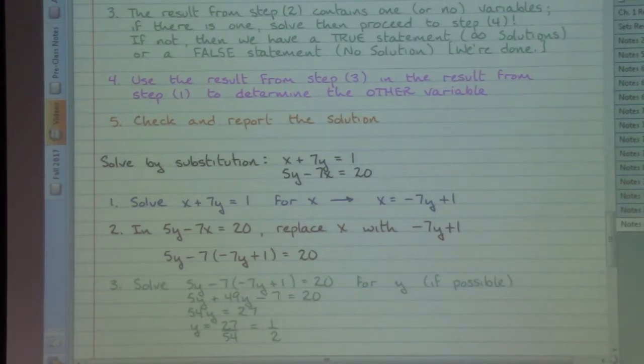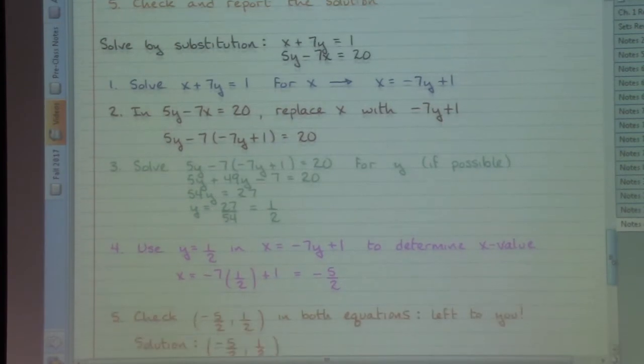Well, in this particular case, we had 15 equals negative 15. That's false.